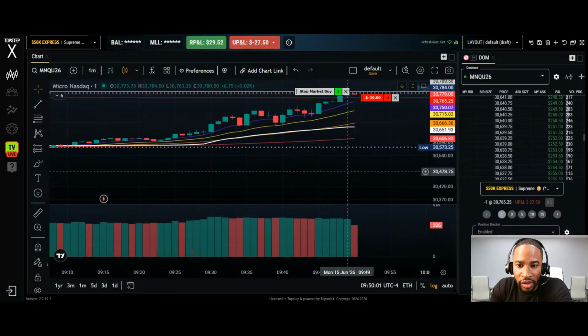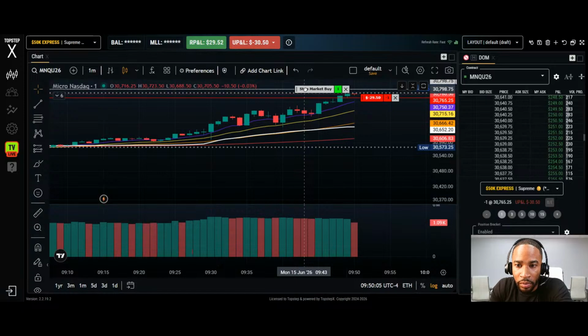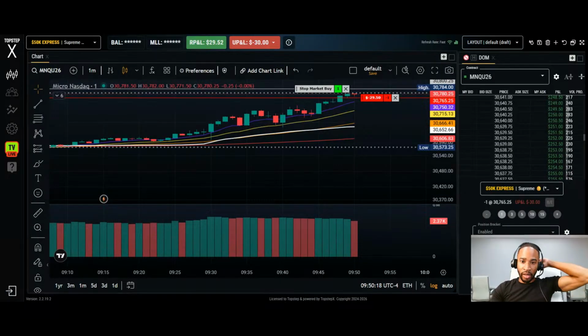The bulls, they're still in charge. Use caution. I may add one more contract if we break below my average price. Risky play though, family. We're still bullish on the 5-minute time frame.